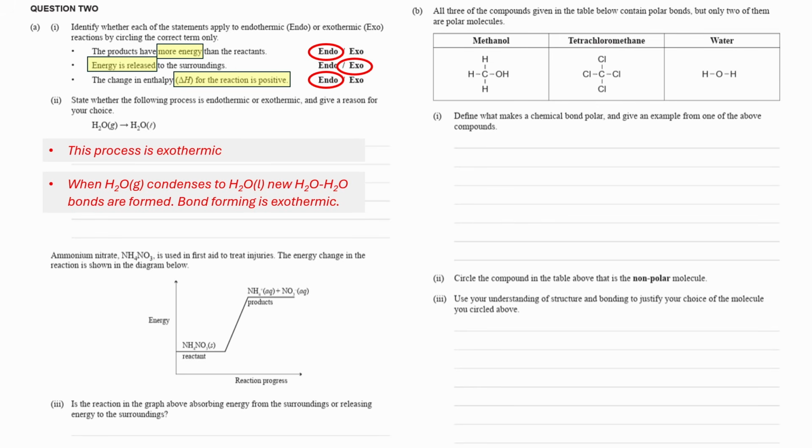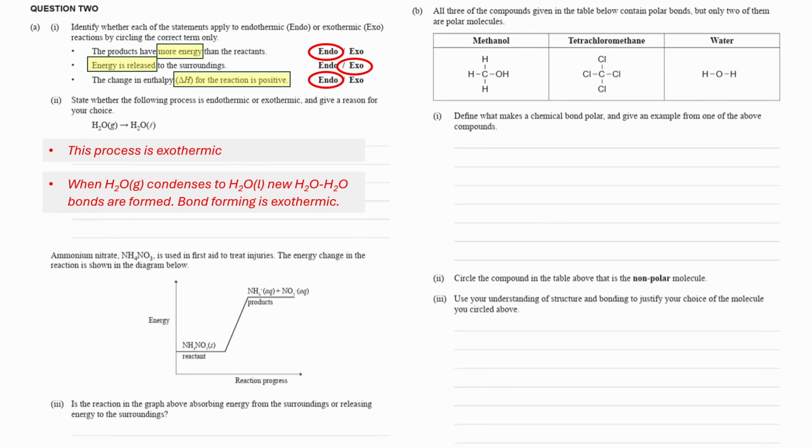Okay, so the next bit down here, they've drawn the diagram. We expect that in most years we're going to have to draw it ourselves, but here, where it says draw and label, they've actually drawn the diagram. So ammonium nitrate is used in first aid to treat injuries. The energy change in the reaction is shown in the diagram below. It's actually used in cold packs. So if you have an injury and you break the cold pack and put it on your injury, it's the ammonium nitrate reacting with another substance that absorbs all the heat out of your injury.